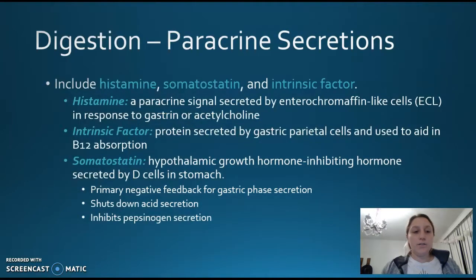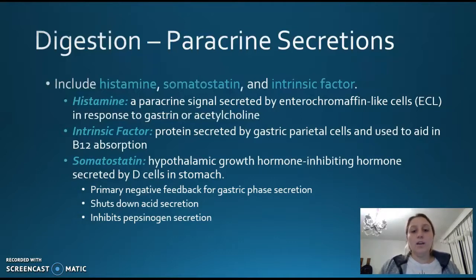Paracrine secretions include histamine, somatostatin, and intrinsic factor. Histamine is a paracrine signal secreted by enterochromaffin-like cells in response to gastrin or acetylcholine. Intrinsic factor is a protein secreted by the gastric parietal cells that aids in the absorption of vitamin B12.